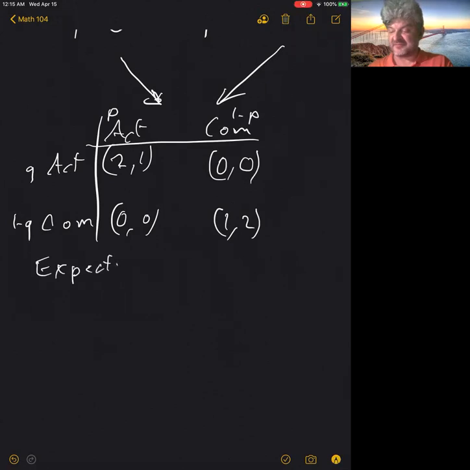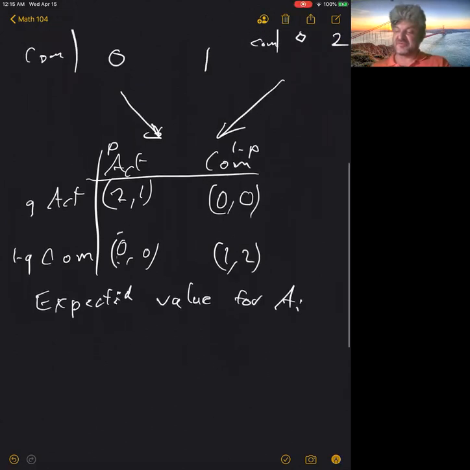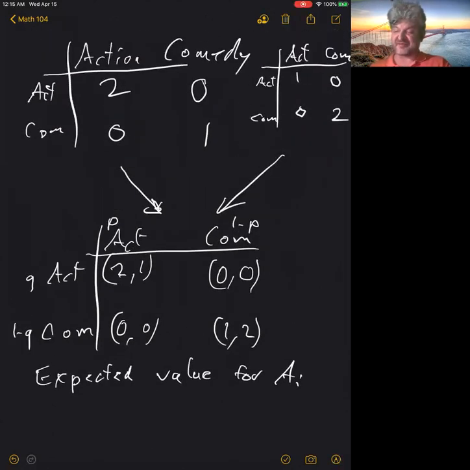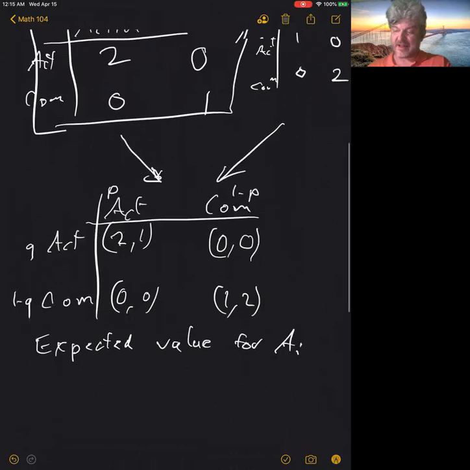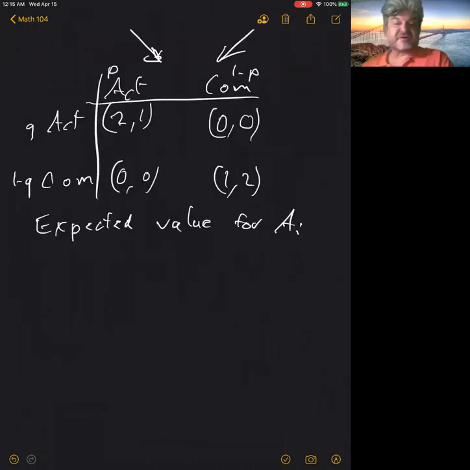Expected value for A, that just means we use the first number from each pair, so it's the numbers from A's table. For all 4 situations, we need to multiply each outcome, each score, by the appropriate probability.